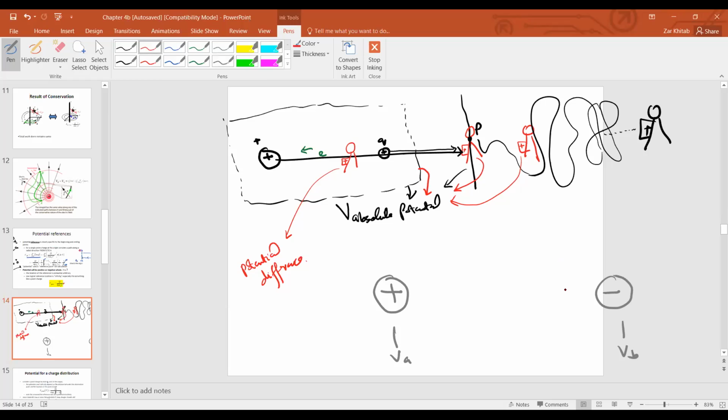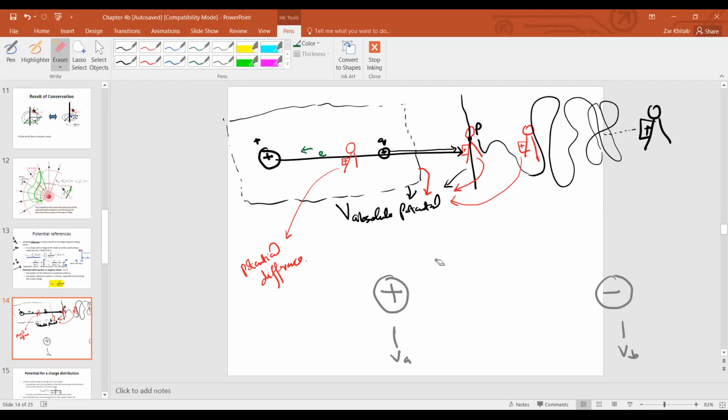Then say we have an electron in the pocket of some person. This electron will feel potential difference. Okay, so the electron will move, and we know the situation.